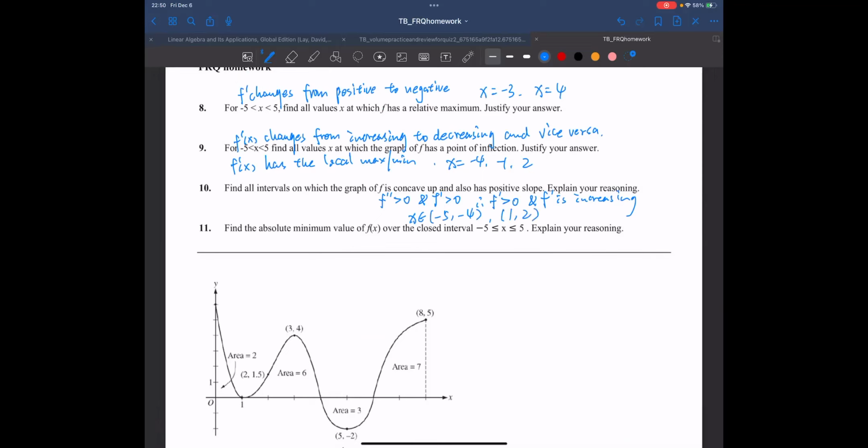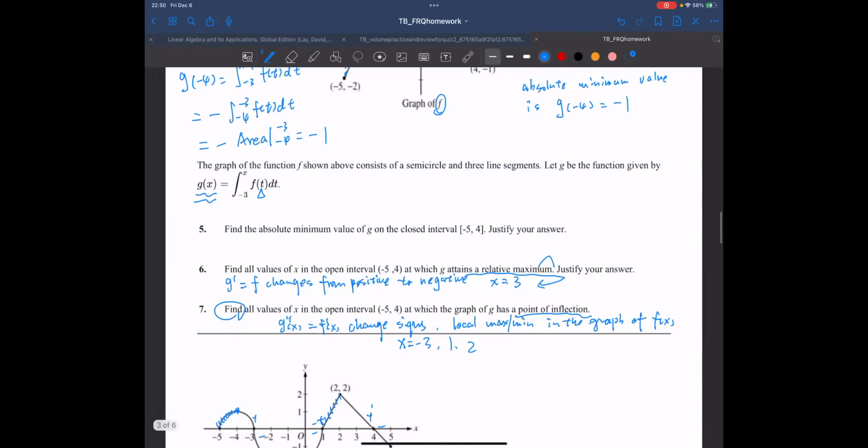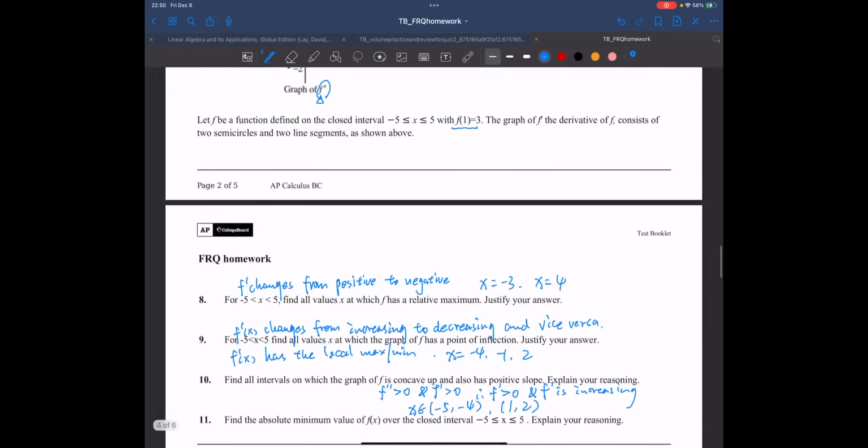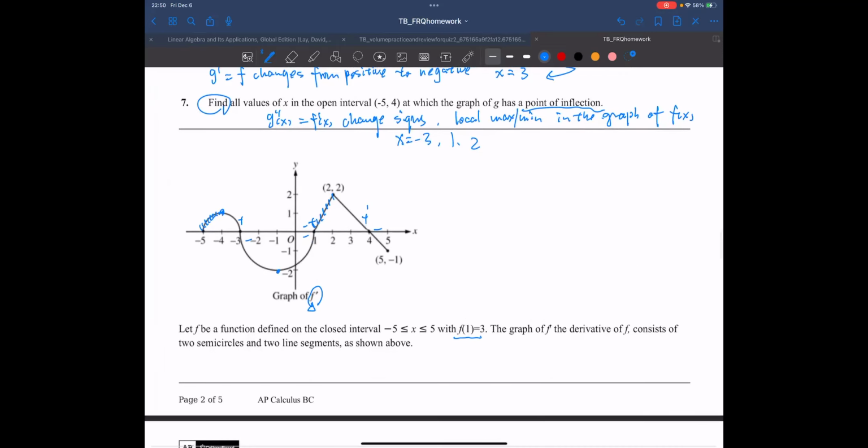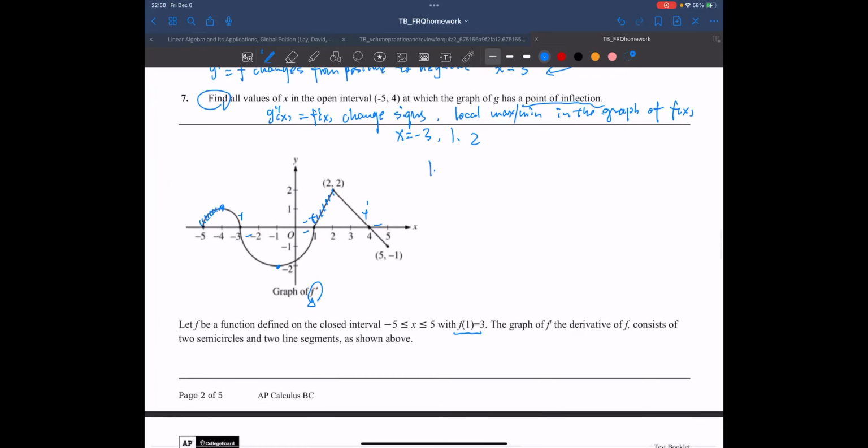Okay, final answer question is absolute minimum. The same steps as question 5. Okay, absolute minimum. I just write it here. First of all, we check the local minimum, x equals 1, and we need to check the endpoints, x equals -5 and x equals 5.